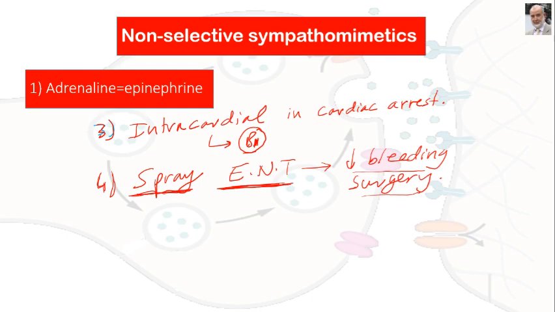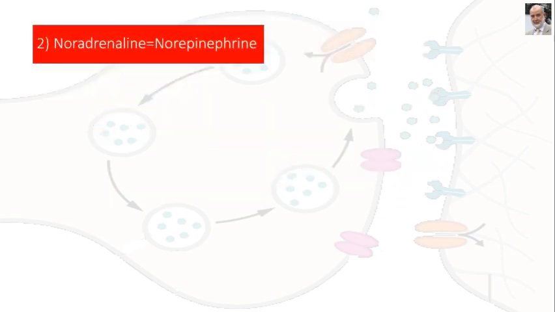Okay, so this is the very first non-selective sympathomimetic, which is adrenaline, which has very important clinical applications. The second non-selective is noradrenaline.